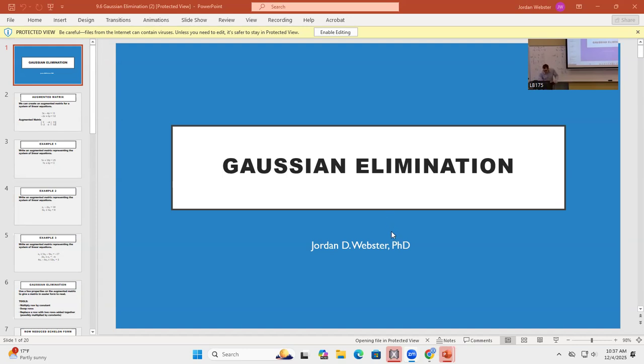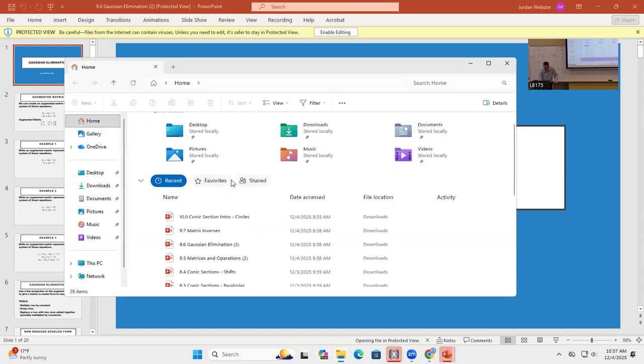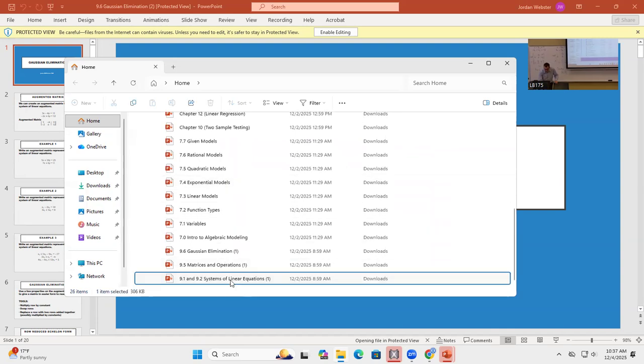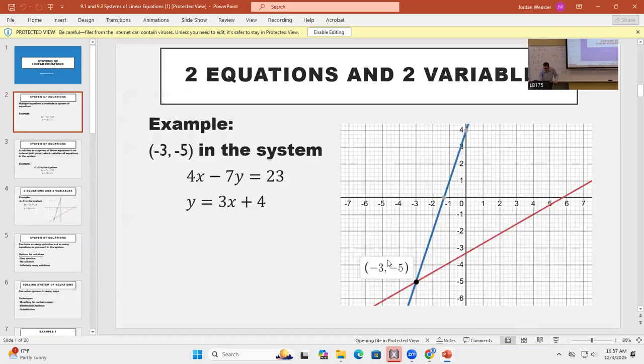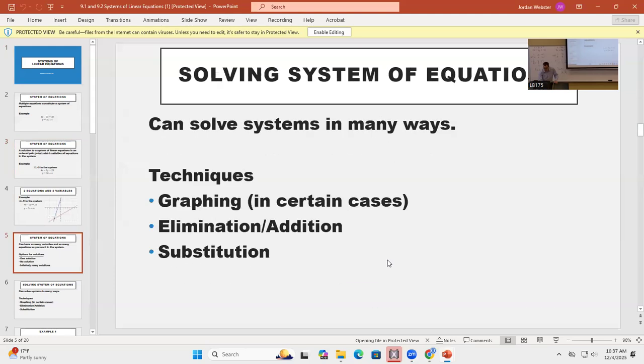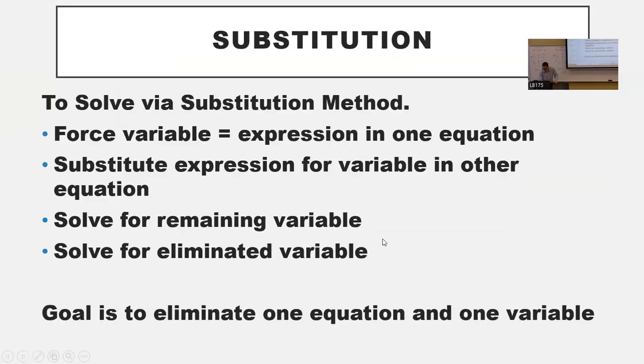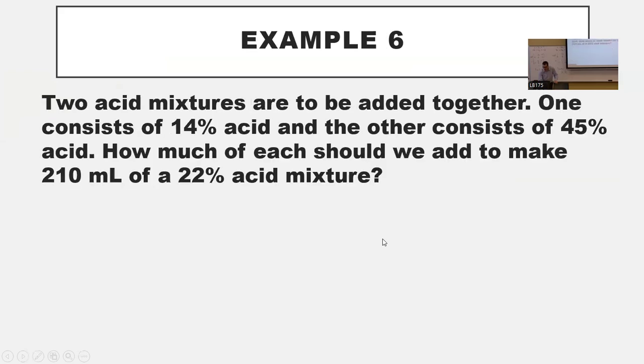And now you can do that not just with what we had today, but if you remember back in sections 9.1 and 9.2, we were doing things like this, where we had two acid mixtures mixed together.